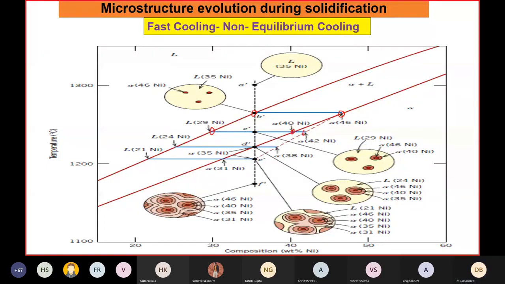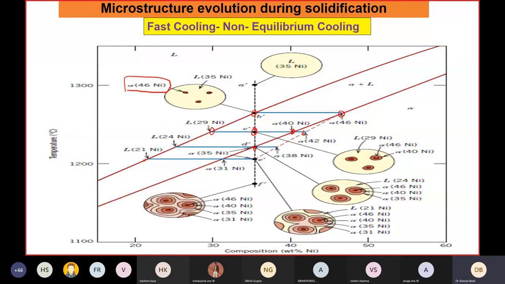Here, this point, this point, this point. But what happens once you fast cool? Initially at this point you have alpha which contains 46% nickel. When you go from this point to the second point, you have a two phase region.